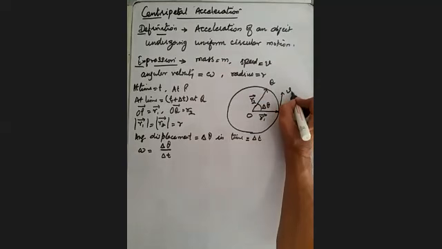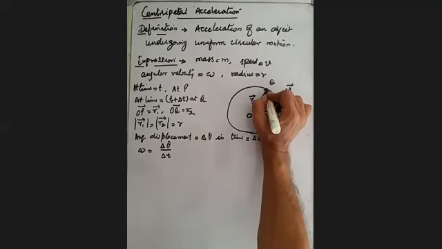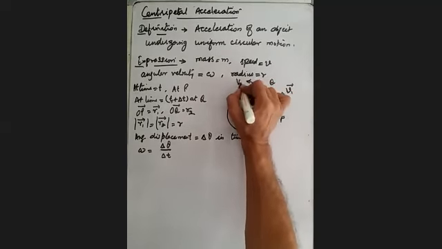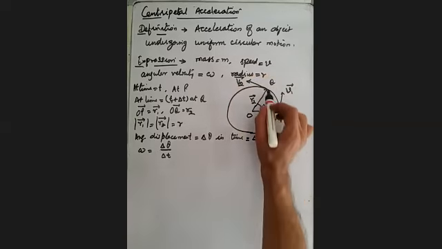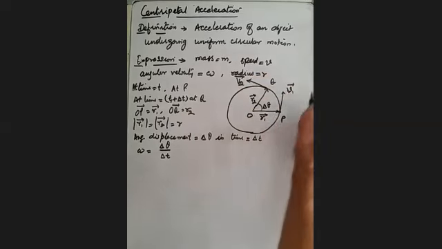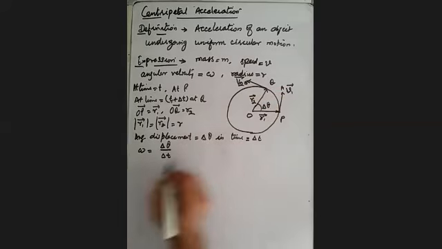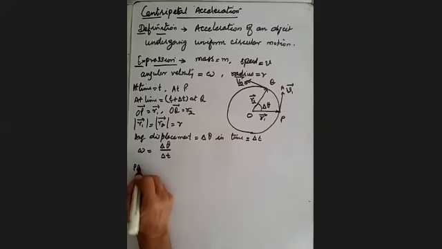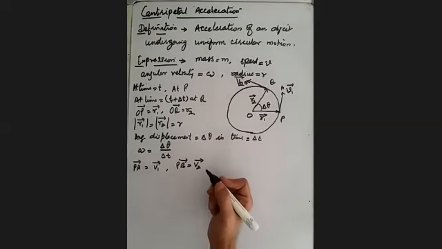So let us say v1 is the instantaneous velocity of the particle at point P at time t, and the velocity is v2 at point Q at time t plus delta t. Let us call this A and let us call this B. So PA vector represents velocity v1 and QB vector represents velocity v2 at Q.